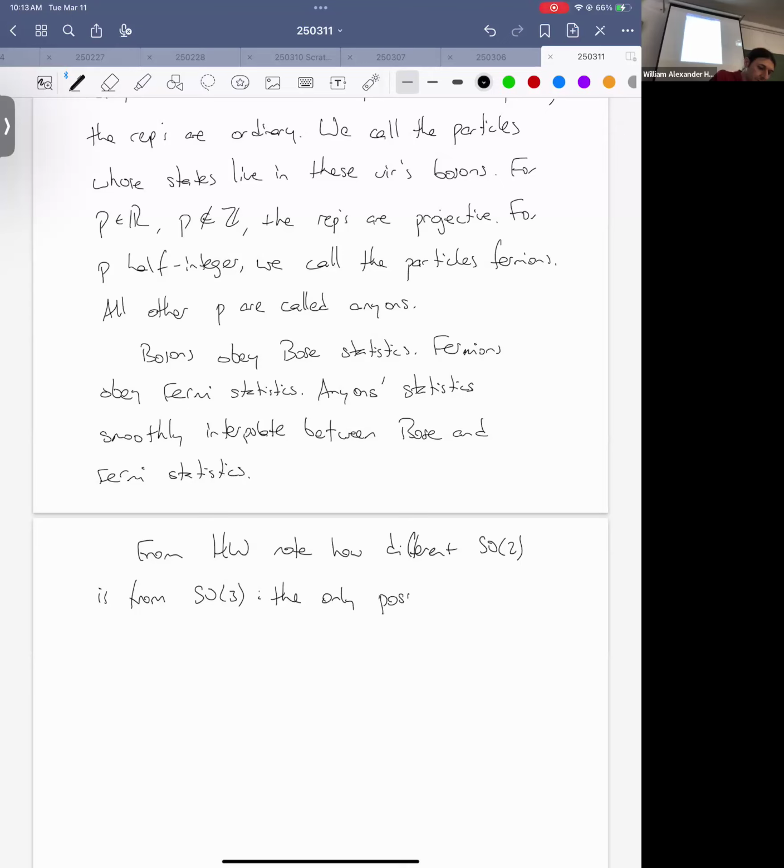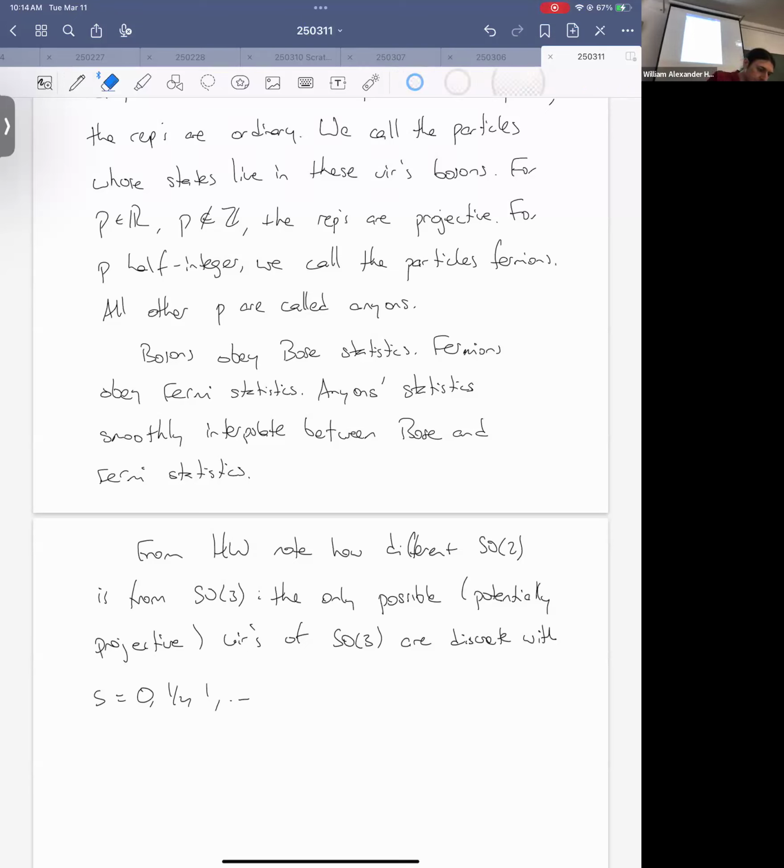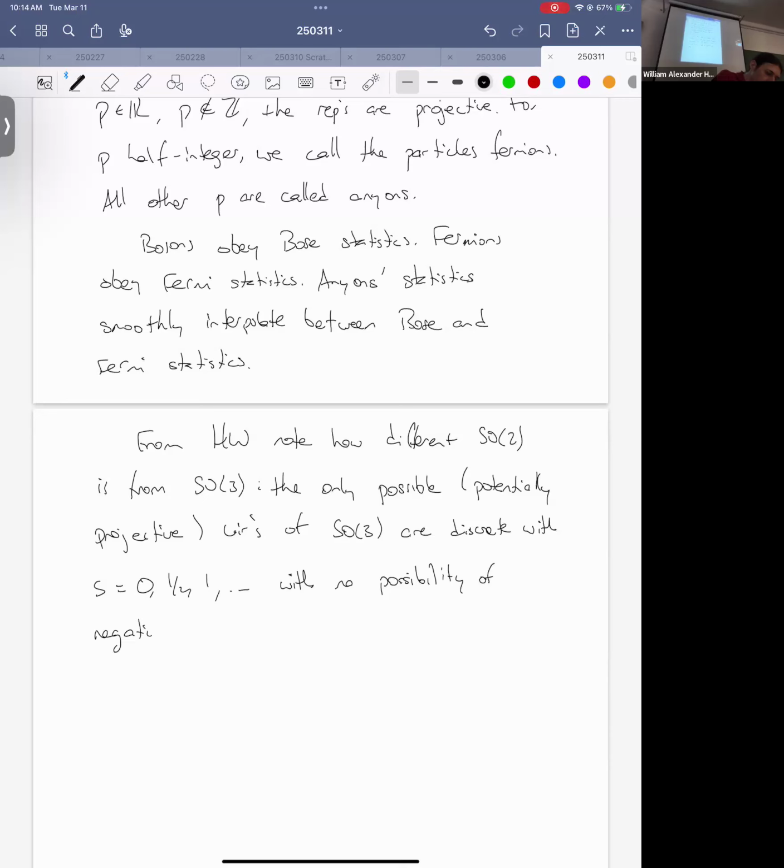The only possible, potentially projective UIRs of SO3 are discrete, with spin equal to 0, 1/2, 1, and so on and so forth, with no possibility of negative spin or non-half-integer values of S.